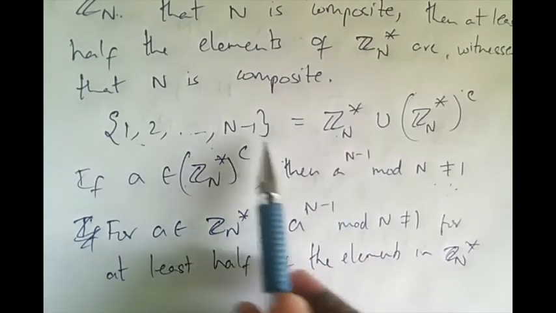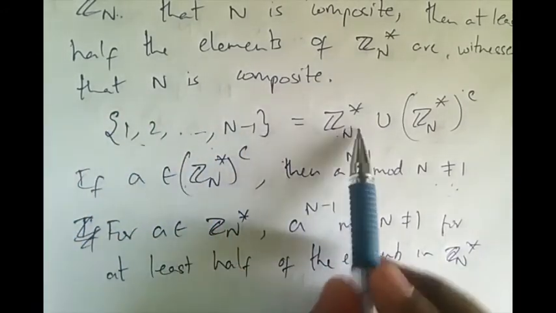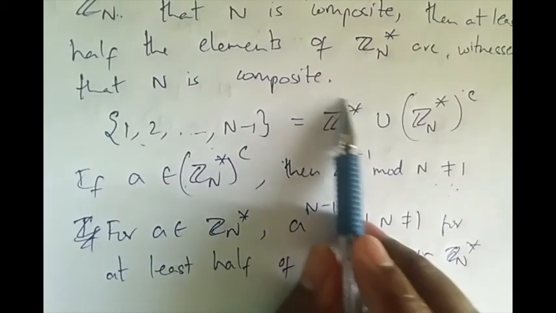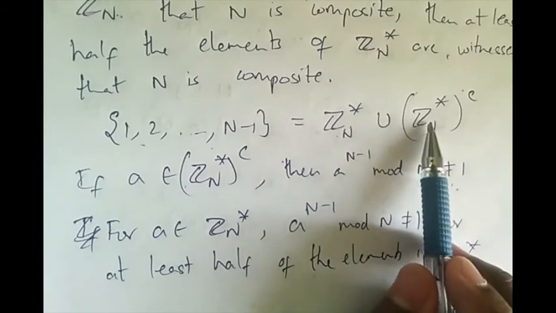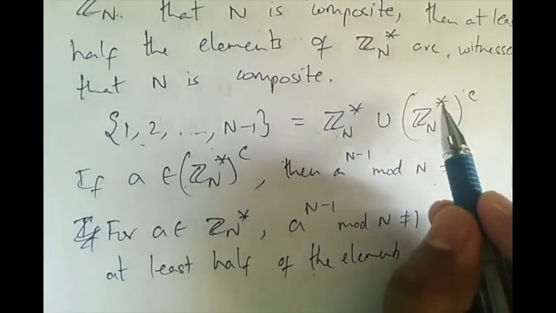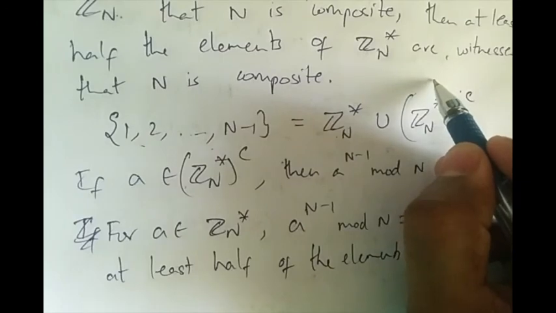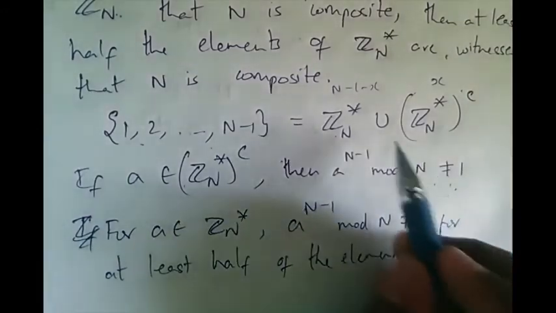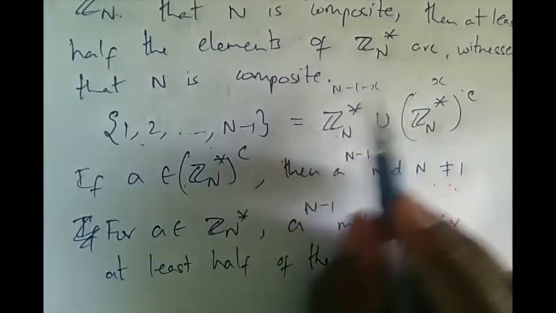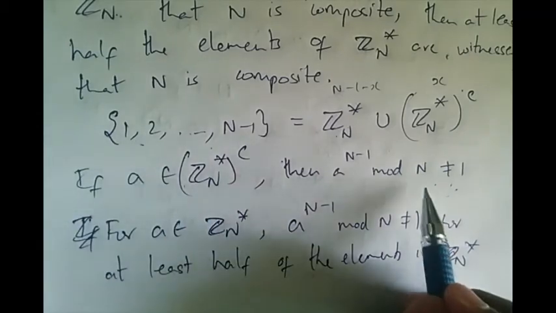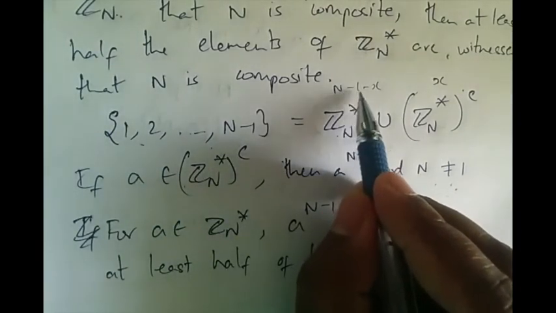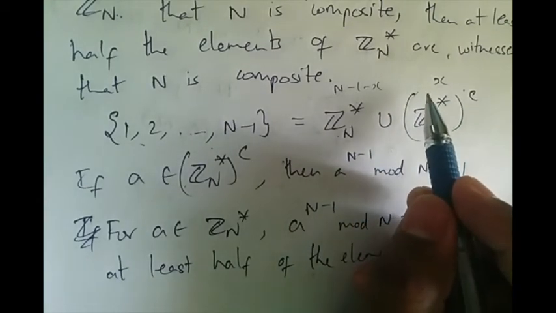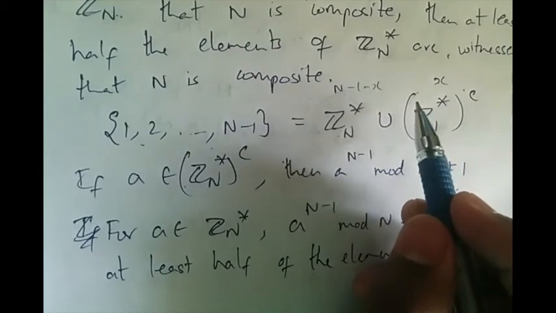However large this is, let's say that these had x elements and these had n minus 1 minus x elements. So for how many elements of this set do we have this inequality? At least n minus 1 minus x by 2 plus x. Okay, so that will be at least n minus 1 by 2 plus x by 2.